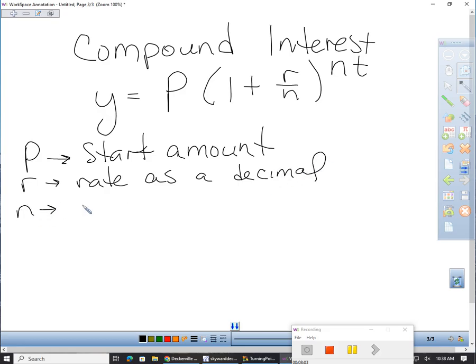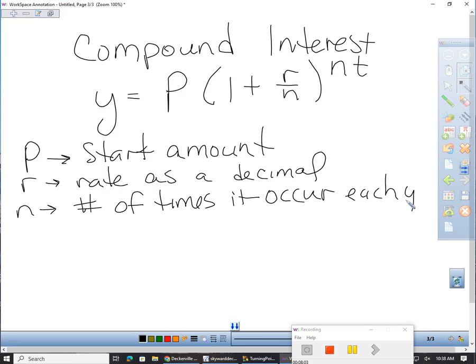N is the number of times it occurs each year. And T is the number of years.